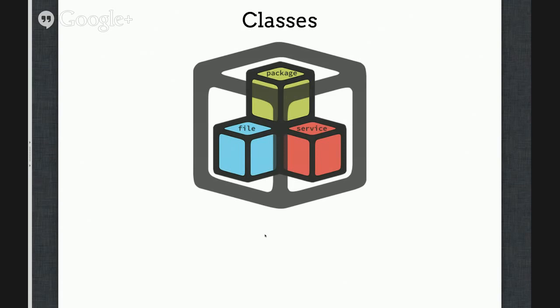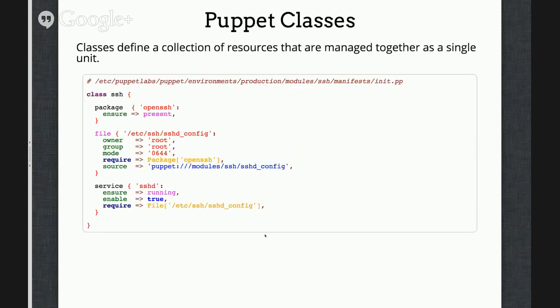Okay, so we mentioned that classes are just wrappers around collections of resource declarations. Whilst you can't use classes directly, you can include them and use them in anger, so they will actually manage resources. Here's an example of a Puppet class which builds on the resource declarations that we saw in the previous couple of slides.